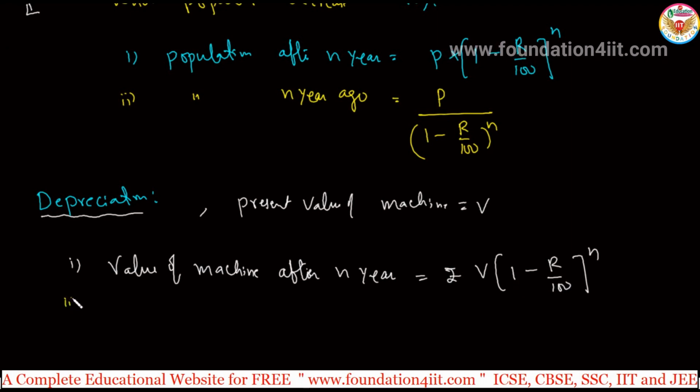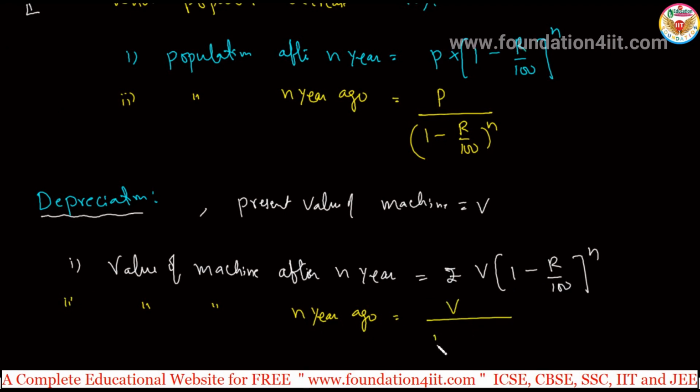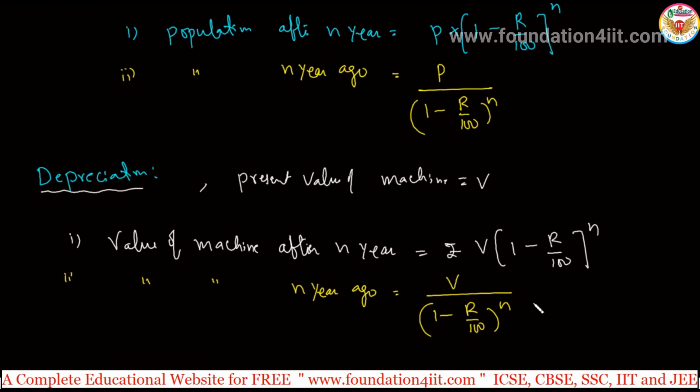Same way, the value of the machine n years ago: we have to take the present worth divided by (1 minus r by 100) all to the power n, where n is the number of years. Mostly these types, population decreasing and machine value decreasing, are considered the same; the terms will be different.